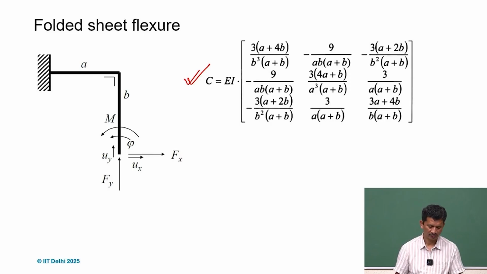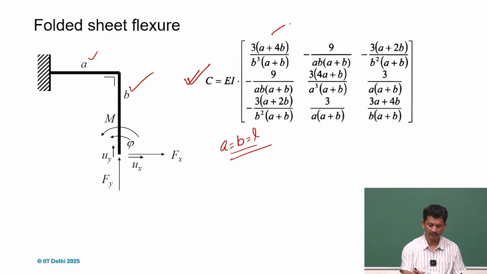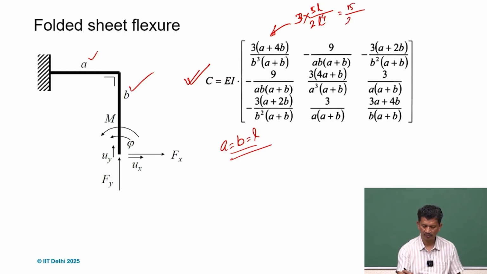And what if these lengths are the same? From here itself we can see, if we just take this member 3 times, this is 5L divided by 2 and L to the power 3 and 4, so 15 by 2L cube.